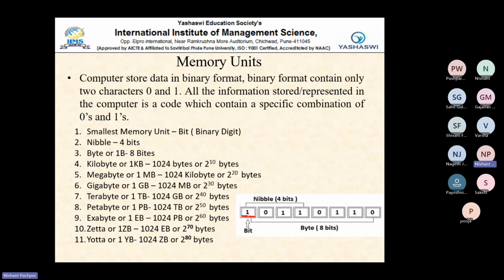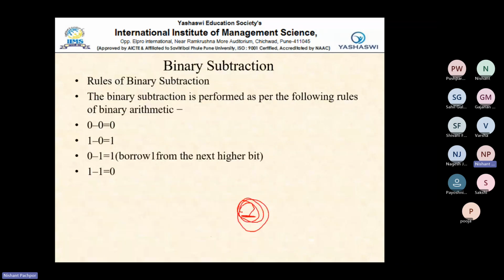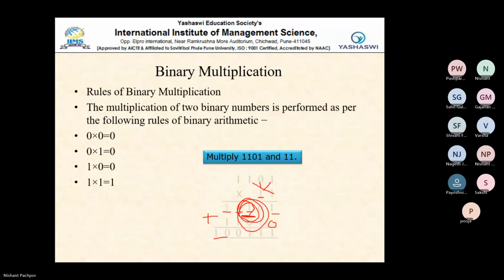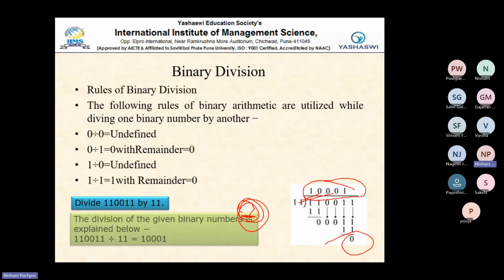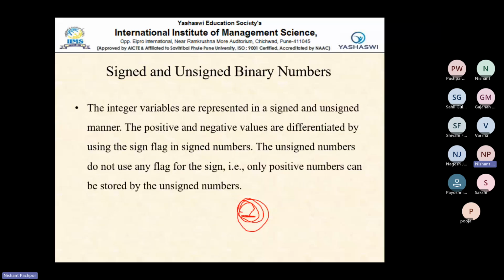Suppose you are taking 16-bit, or 32-bit, or a 64-bit combination जर घेत असाल, the last bit जो असतो will represent the sign. त्याला आपण sign bit म्हणतो and that bit will represent whether the number is positive or negative.